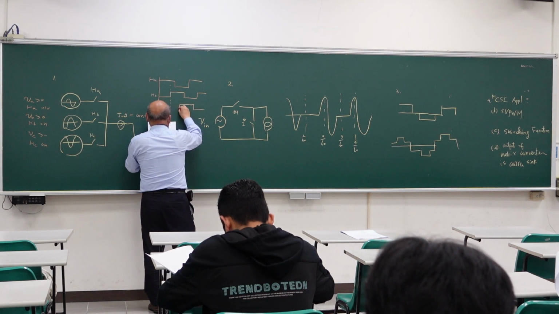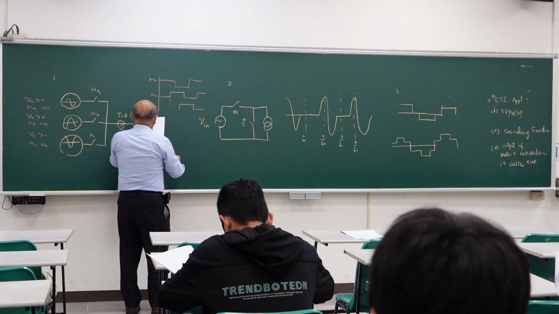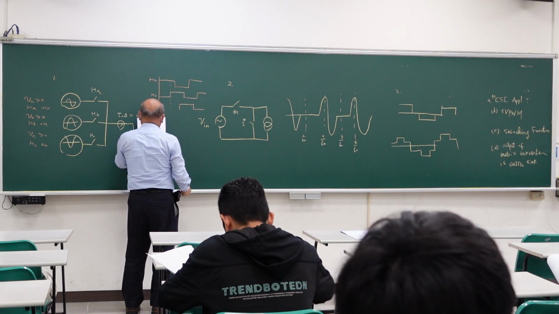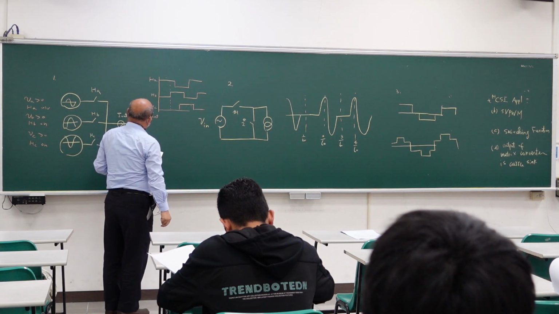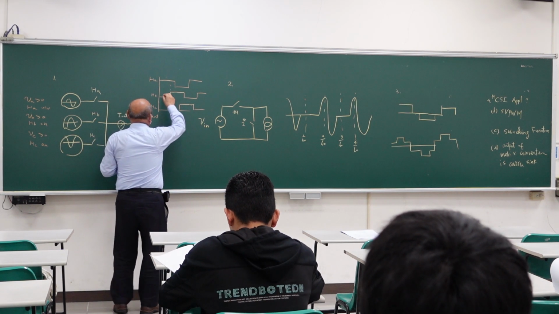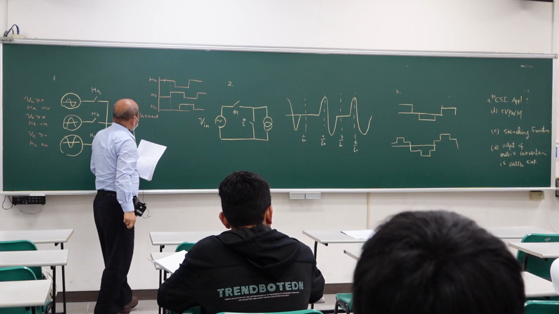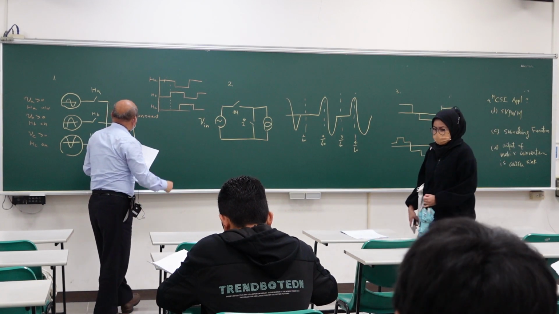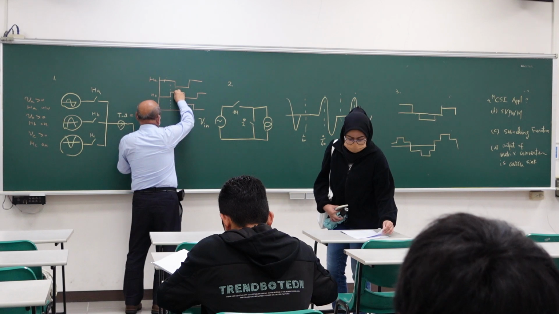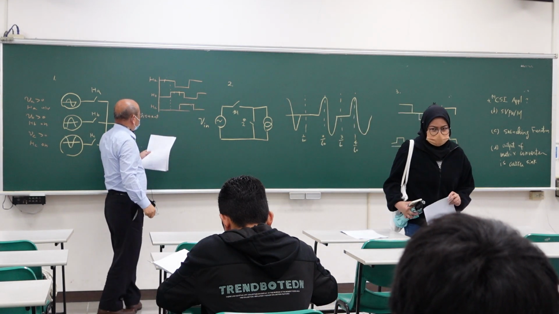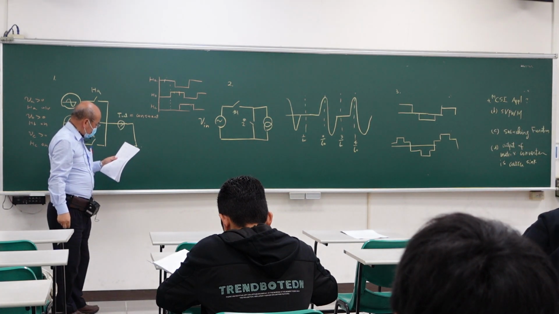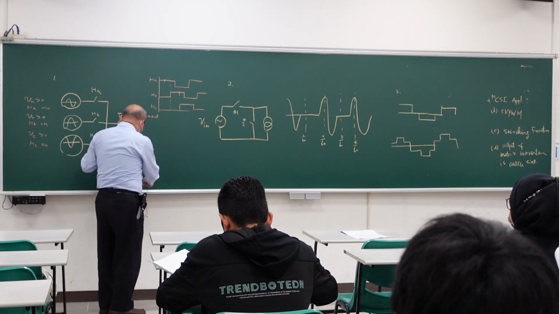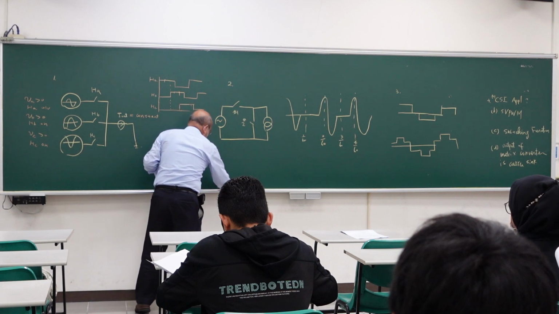And we can add this one. So HA, HB lag 120 degrees, and HC lags HB by 120 degrees. So in this case, we can check HA plus HB plus HC.